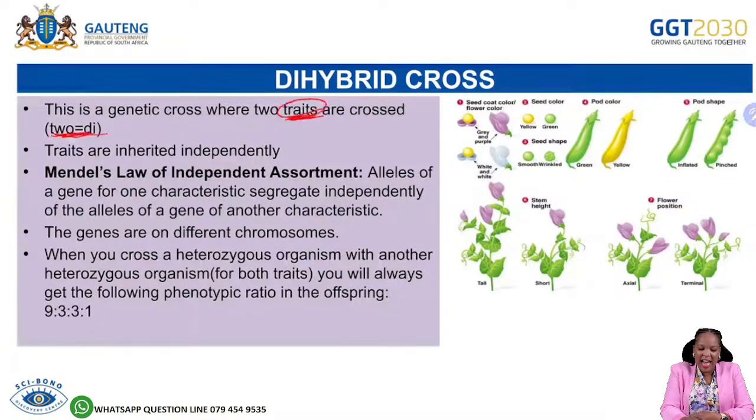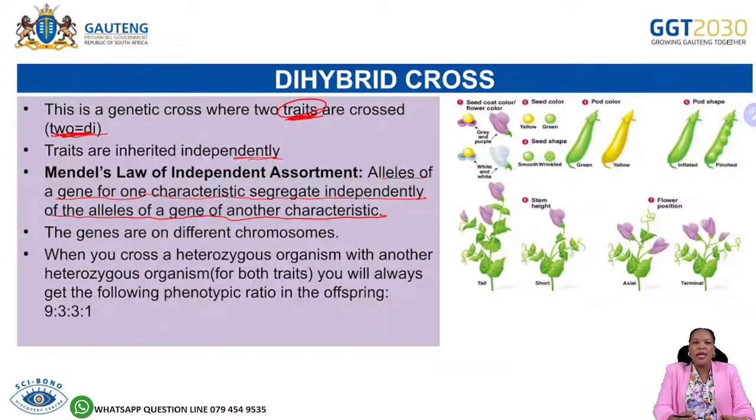Now, traits are inherited independently. Remember Mendel's third law, the law of independent assortment, says that the alleles of a gene for one characteristic segregate independently of the alleles of a gene for another characteristic. What does this mean?